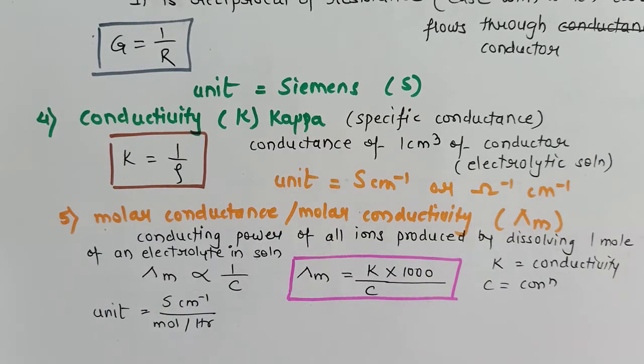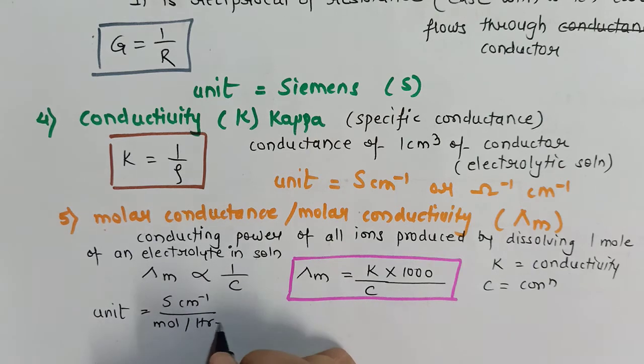Now let us try to derive the SI unit of molar conductance. We will substitute the units of all the quantities involved in the formula. What is the unit of kappa, or K? Siemens centimeter inverse, upon the concentration, which is mole per liter. But we know liter we can write as centimeter cube also.